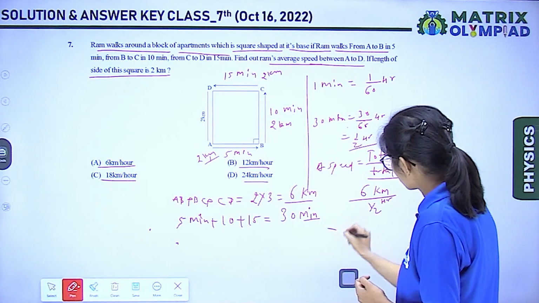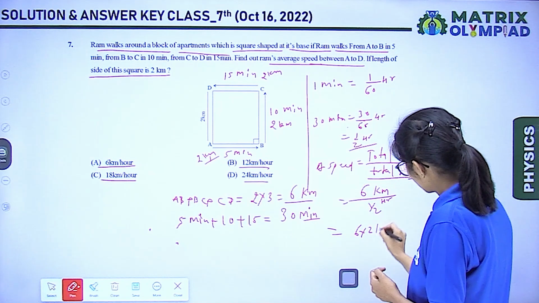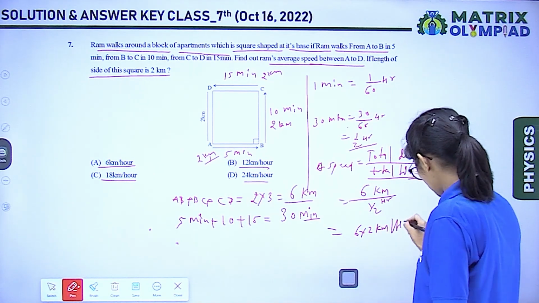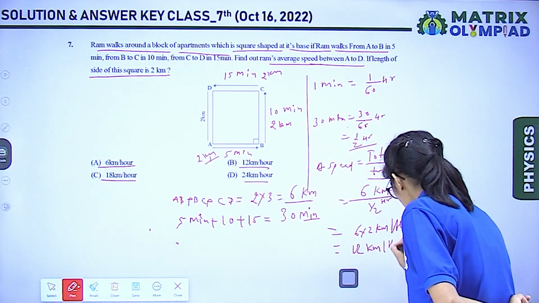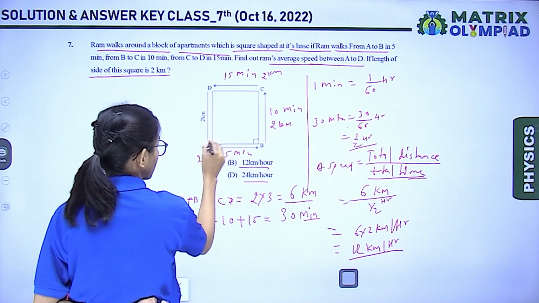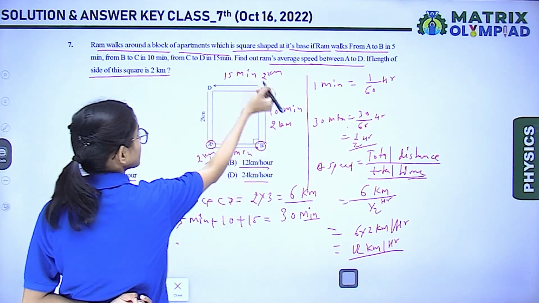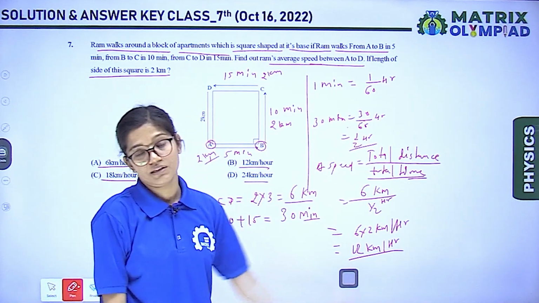So the average speed of Ram will be 6 into 2 km per hour, that is 12 km per hour. So for Ram, whenever he goes from A to B, then B to C, then C to D, his average speed is 12 km per hour.